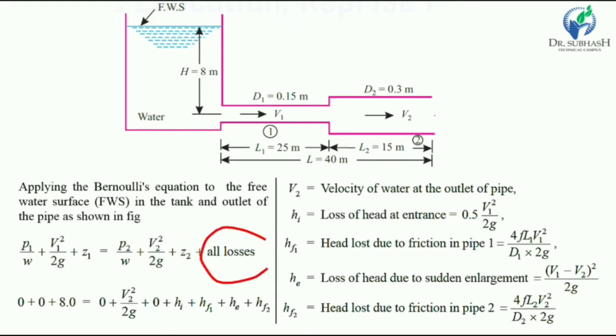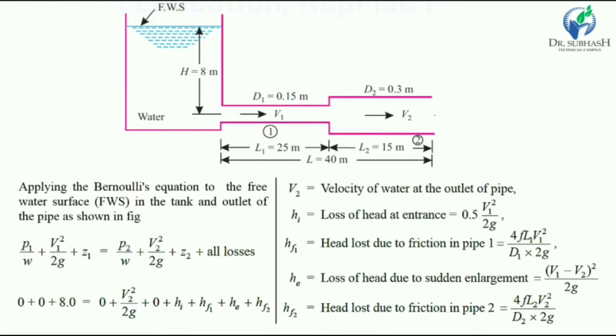Now in losses, what losses are considered? First is the entry loss. So first one, loss of head due to the entry of the pipe, or inlet of the pipe. Then friction loss at section 1, HF1, head loss due to friction at section 1.